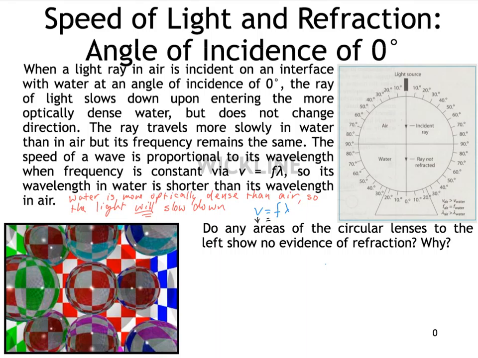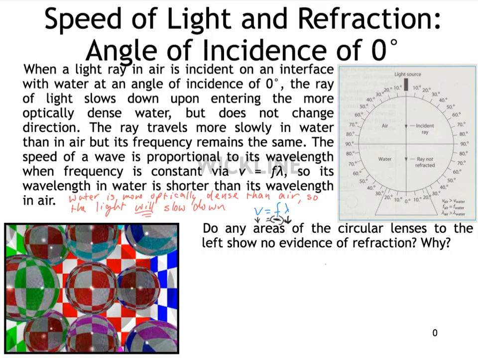And their colors don't change, so the frequency doesn't change at all. I'll just put a flat line for frequency. So that means that the wavelength of the light must be decreasing without changing the frequency. And that is in fact true. If the light goes from, let's say, air to water and the speed decreases, then the wavelength will also decrease. The frequency does not change as the frequency corresponds to color.